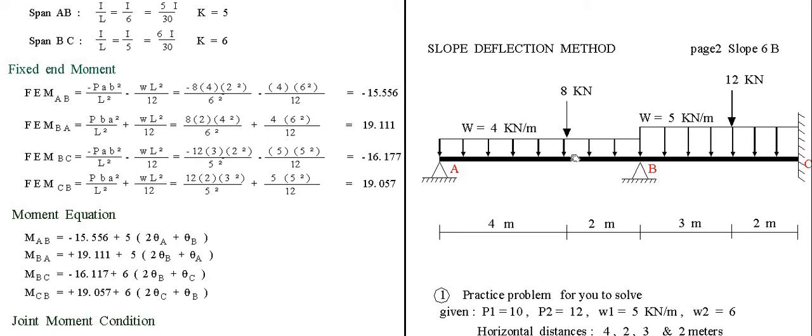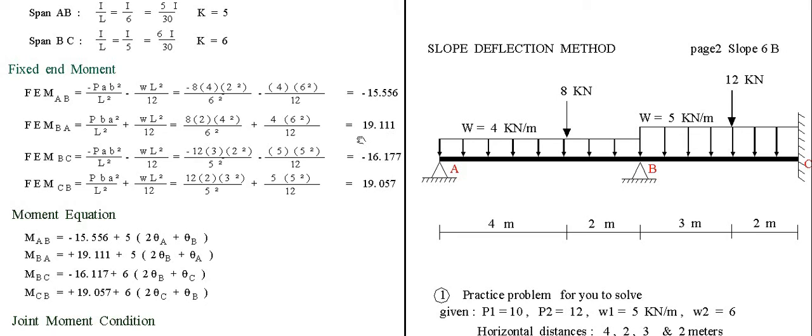For BA, P of 8, near distance is 2, far distance is 4. So 2 times 4 square divided by 6 square. Then the uniform load, 4 times 6 square over 12. Simplifying, this is 19.1111.